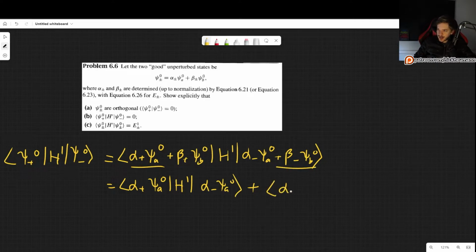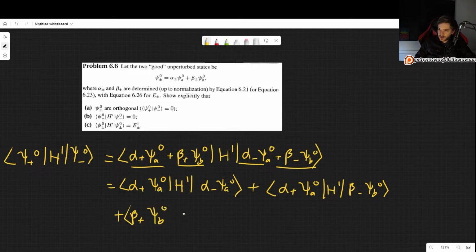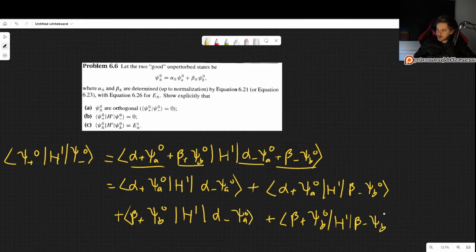So alpha plus psi A0 Hamiltonian, and then beta minus psi B0. Now let's go for this and this. So that is beta plus psi B of 0, our perturbation Hamiltonian, alpha minus psi A0. And finally, we get beta plus psi B of 0, Hamiltonian, beta minus psi B of 0.